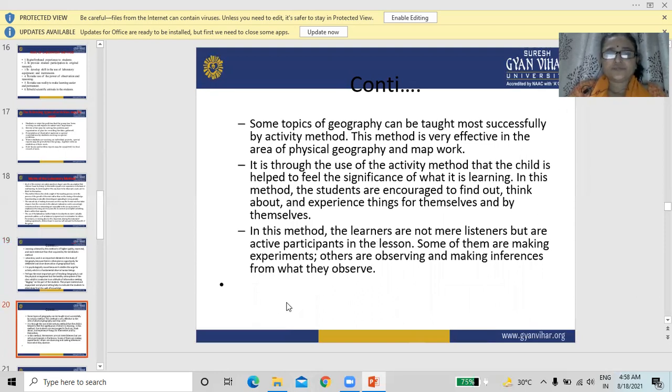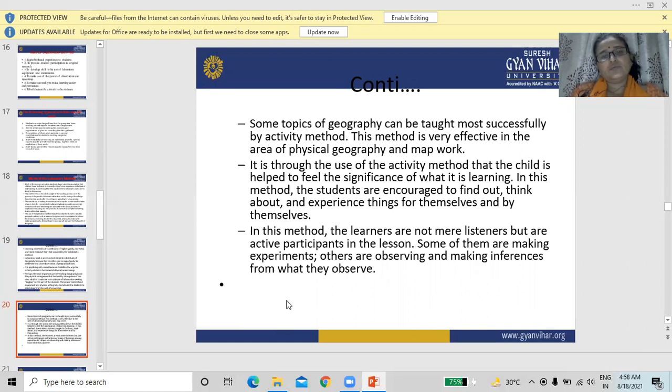Next merit of the laboratory work is some topics of geography can be taught most successfully by activity method. This method is very effective in the area of physical geography and map work.